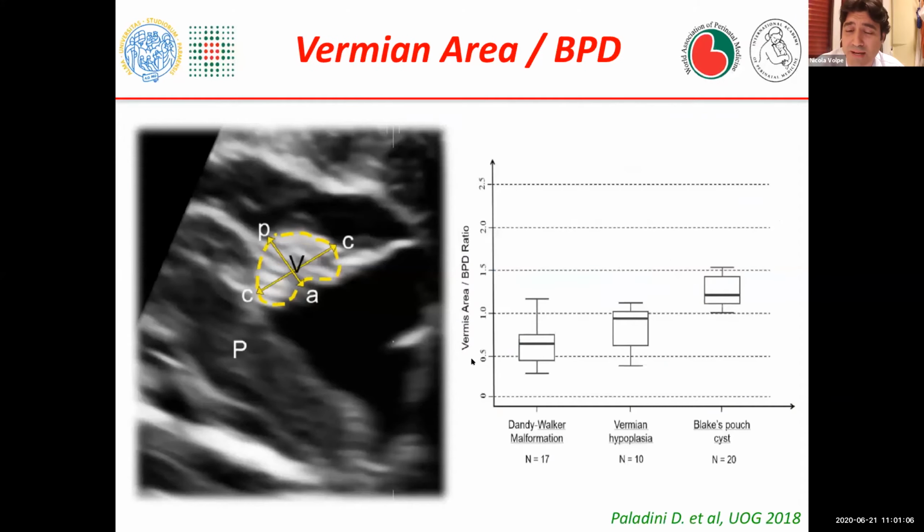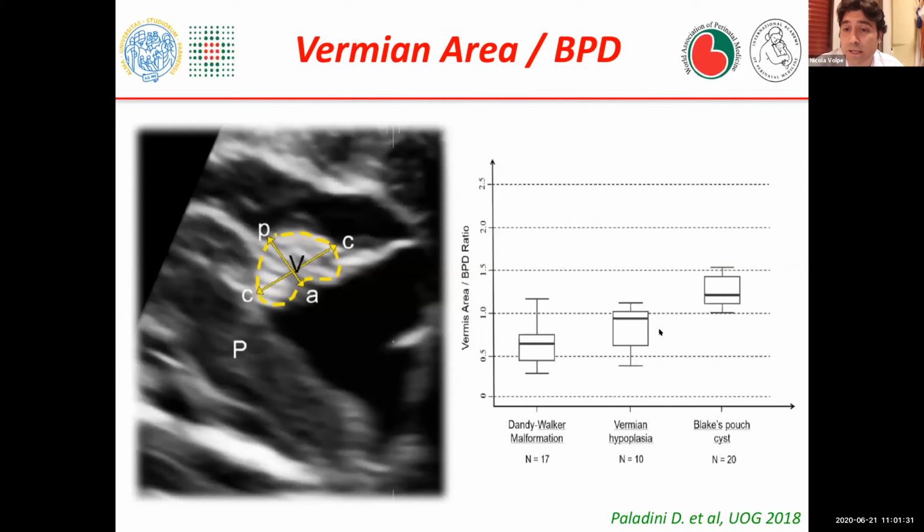This has been developed by Dario Paladini a couple of years ago, and has been published. The ratio between the area of the vermis and the biparietal diameter seems to be a good marker for Vermian hypoplasia. When this ratio is above 1, usually the vermis is okay. If it is below 1, usually the vermis is small.